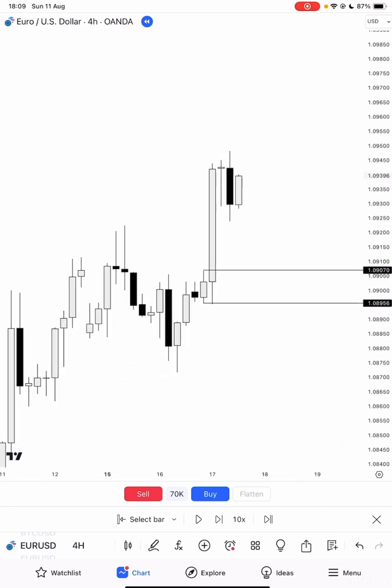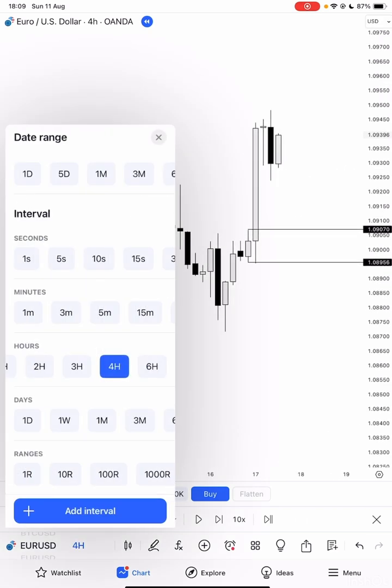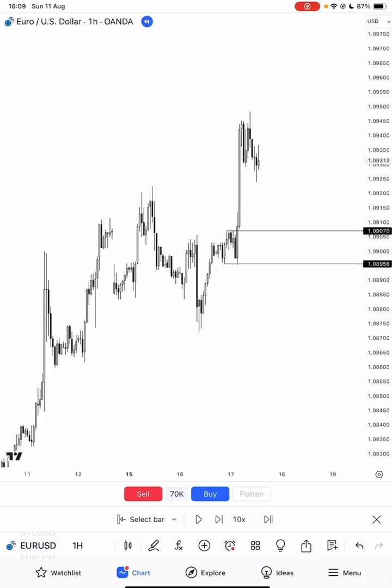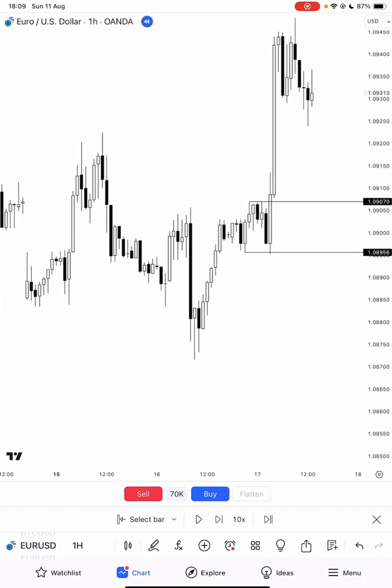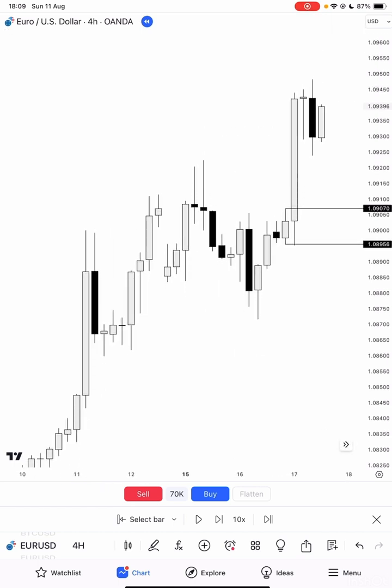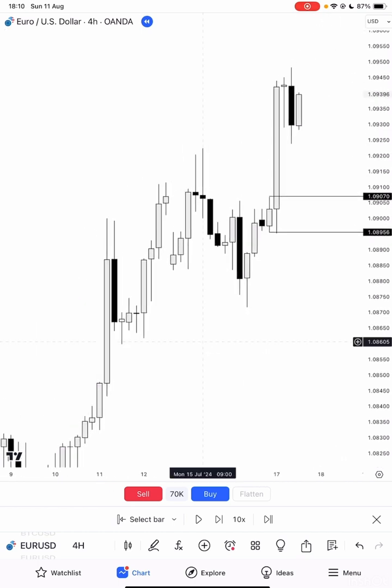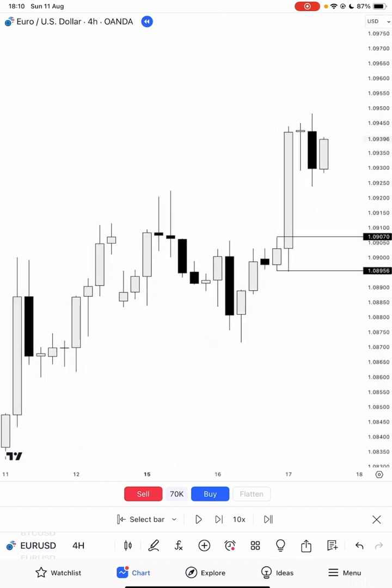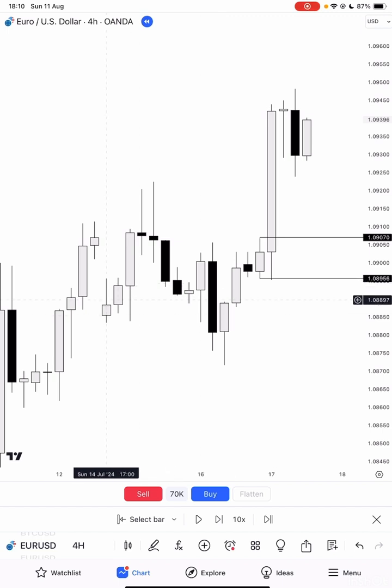You keep in mind the higher time frame direction. But even on the hourly, what is the current market profile? Well, let's do the 4 hour. We are rejecting lows and breaking highs, because we are on an uptrend, and the objective is this high.